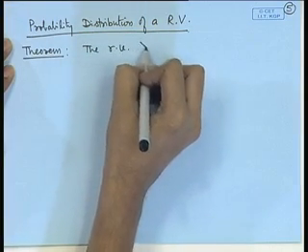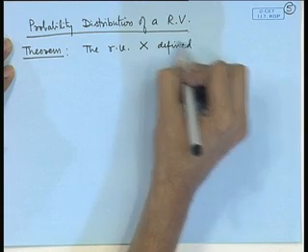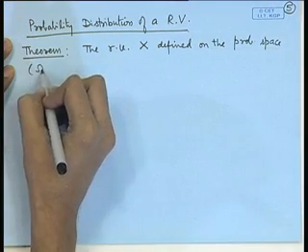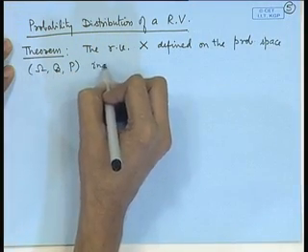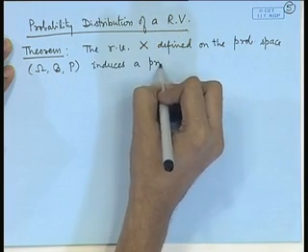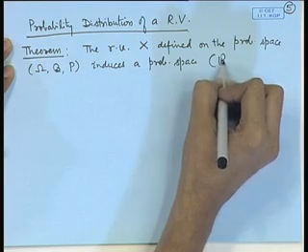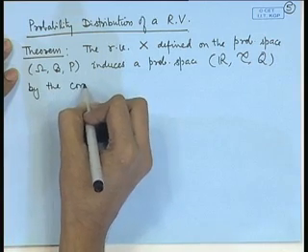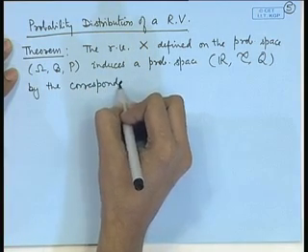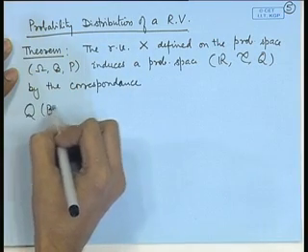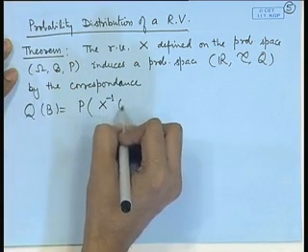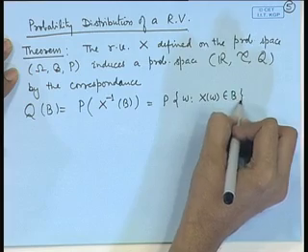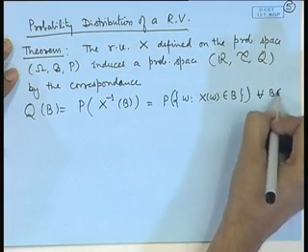The random variable X defined on the probability space (Ω, B, P) induces a probability space (R, C, Q) by the correspondence Q(B) = P(X⁻¹(B)), which is equal to the probability that the random variable takes values in the set B, for all B belonging to C.